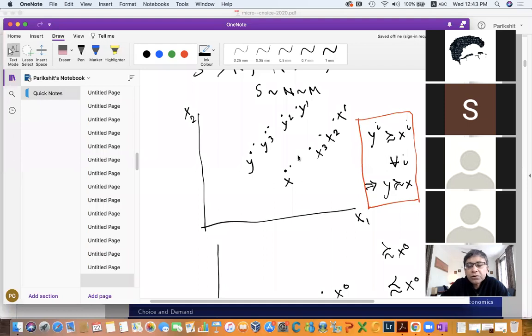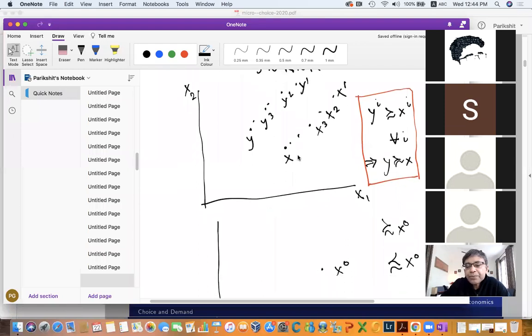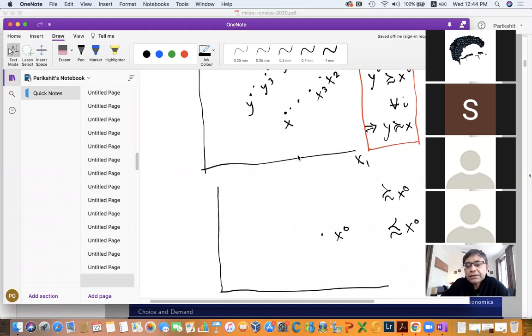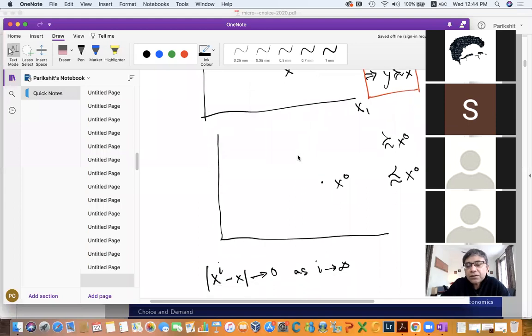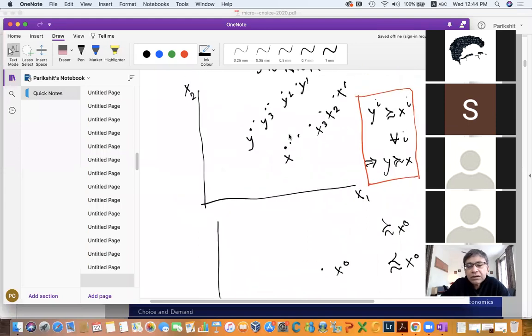Okay, these are the kind of things which I think are better sorted out in tutorials. I'm not dismissing your question, but let's reserve that for tutorials. What is the correspondence between the mathematical and graphical concept? Let me put that on hold.